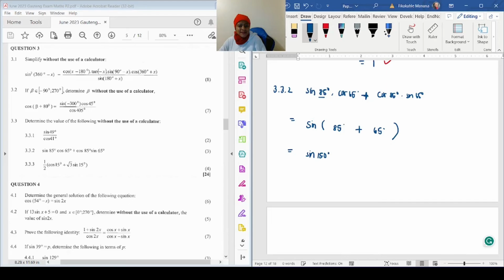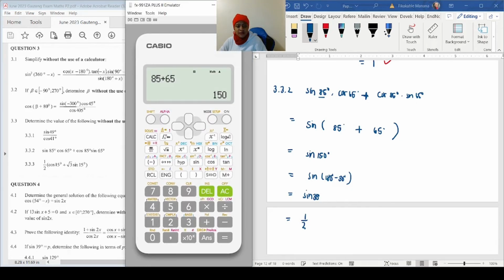But can we reduce this? Yes, we can. So sine 180 minus 30. Okay, so we can reduce it, and we have sine 30, which is simply a half. And you can always check for yourself if this is really the case.